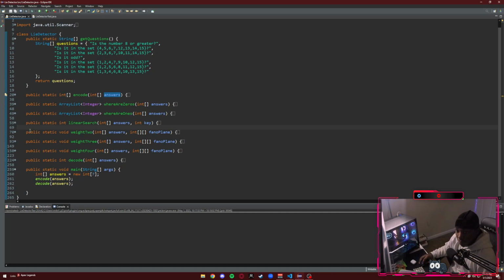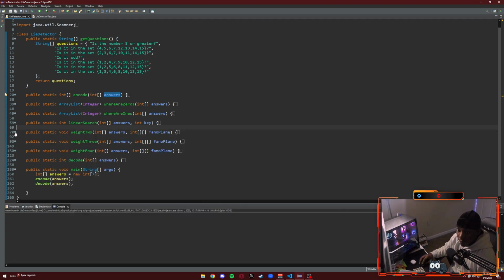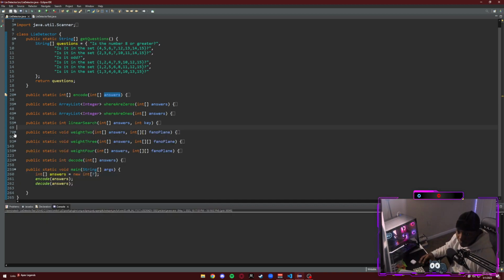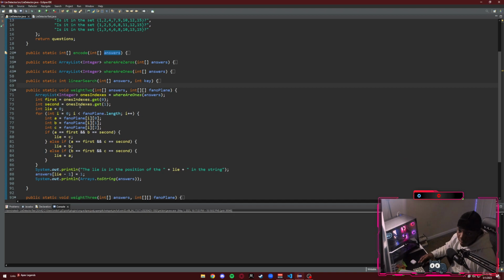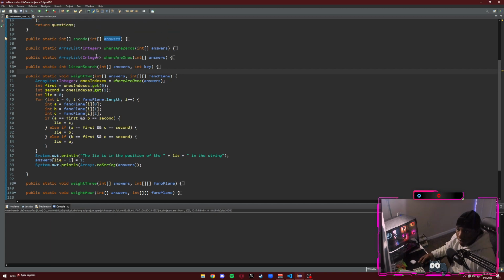And then I have a method for if I have to have the weight of 2. Of course, it takes the first two places of the 1 index where it finds it at where are ones in this method.